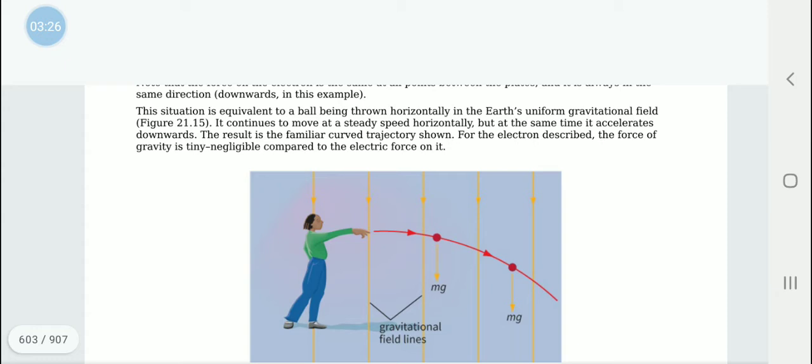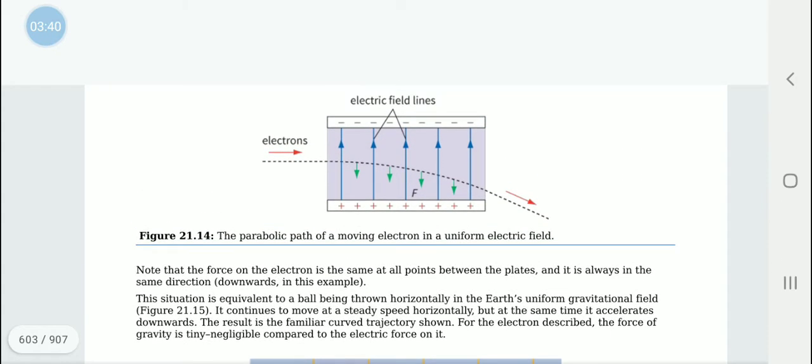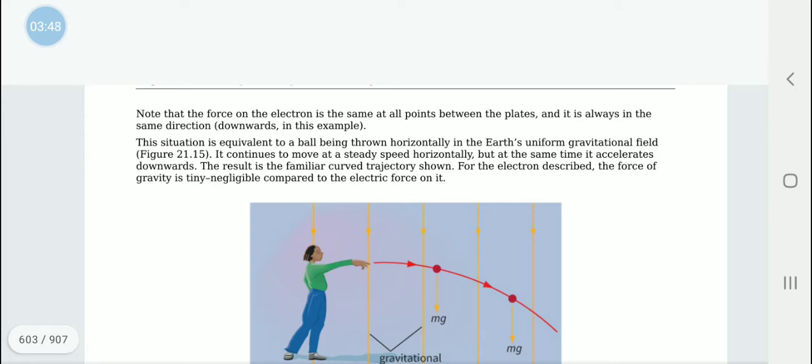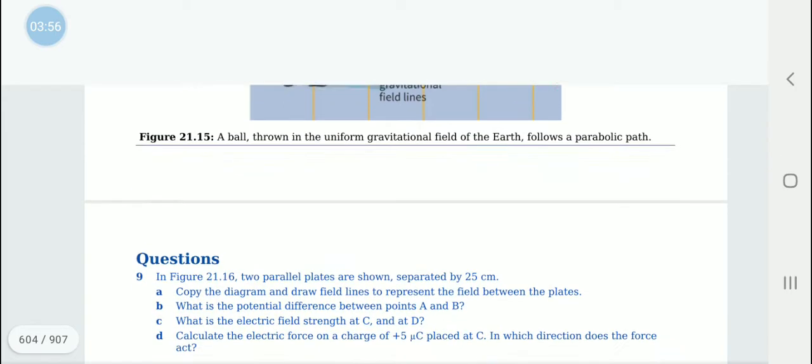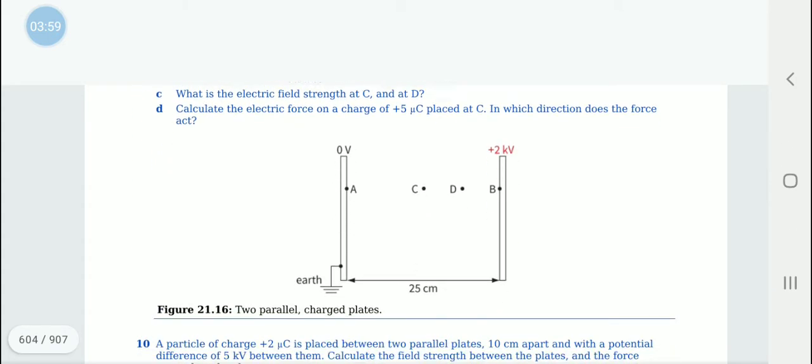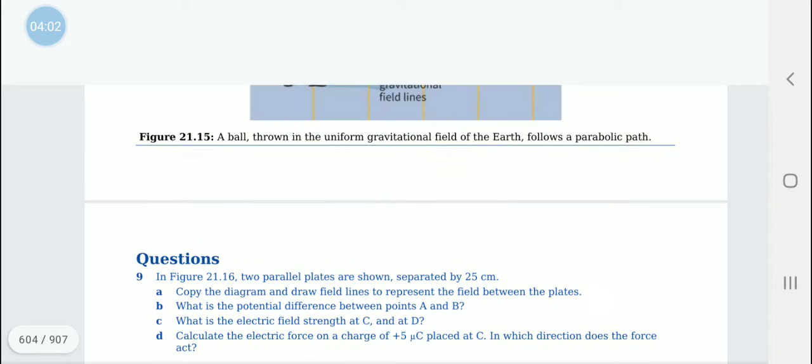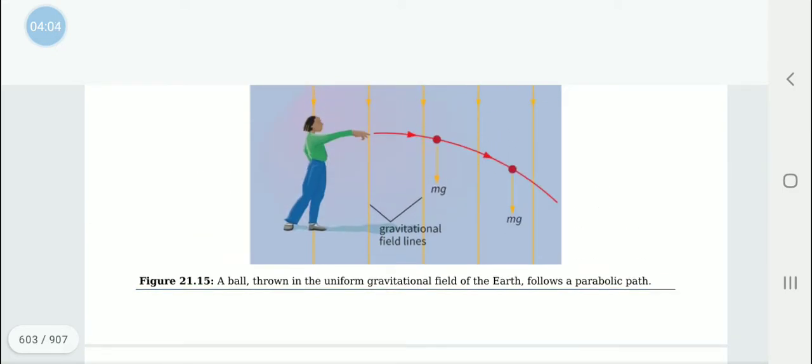Just like when you throw a ball in the gravitational field, the field is the same throughout. As a result, the ball will travel in a parabola, right? That is exactly what happens here. Where the field strength is the same overall, the electron is attracted in the same manner. But if the ball is dropped, rather than thrown, it would fall directly, right? That is what we have understood so far, and that is exactly what we need to use in these calculations.